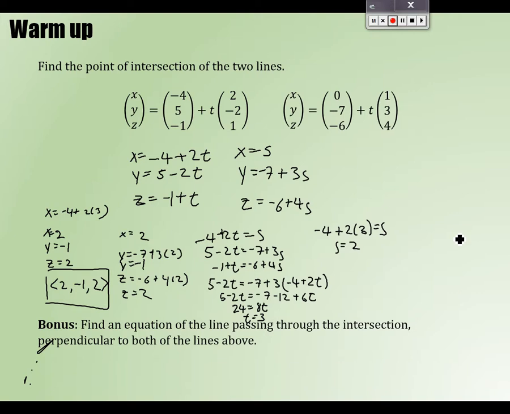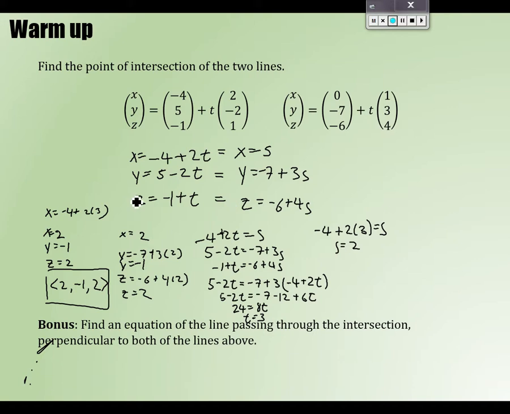Okay, so the general idea is, do you agree with this up at the top? These are the parametric equations for the lines. He said I'd rather see them this way. And then he's saying, if there's an intersection, then it must be true that for some s and some t value, the x values are the same, and for some s and t value, the y values are the same.